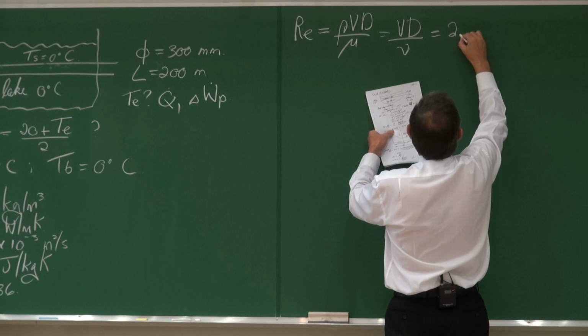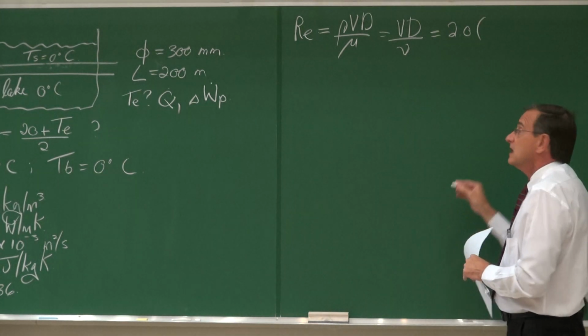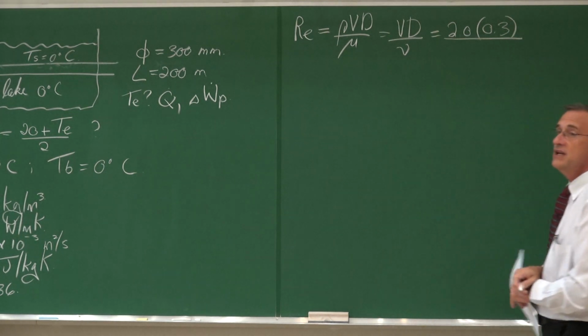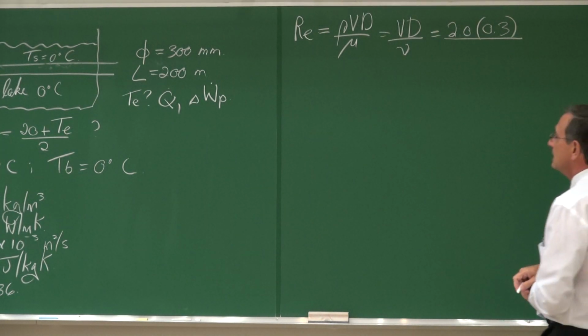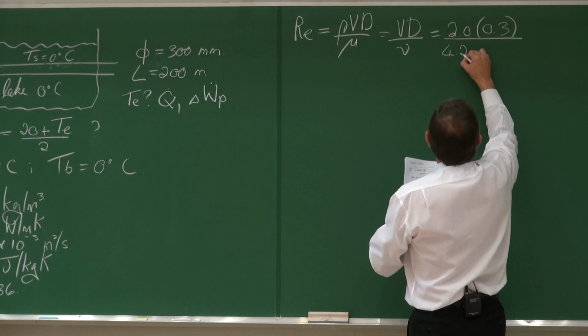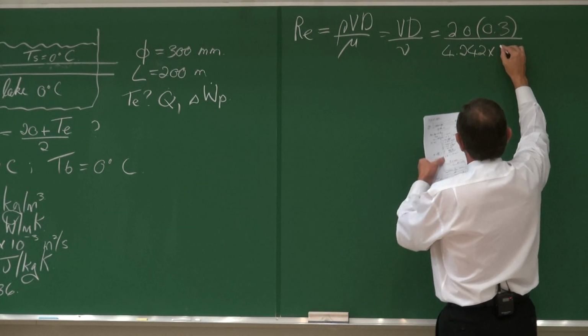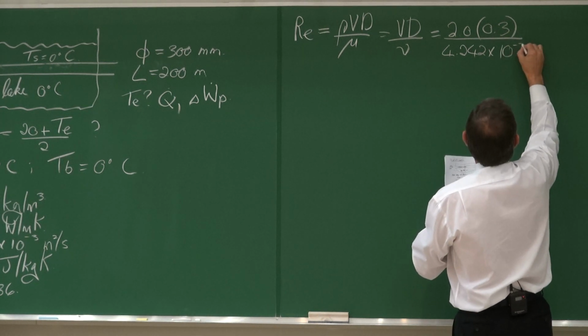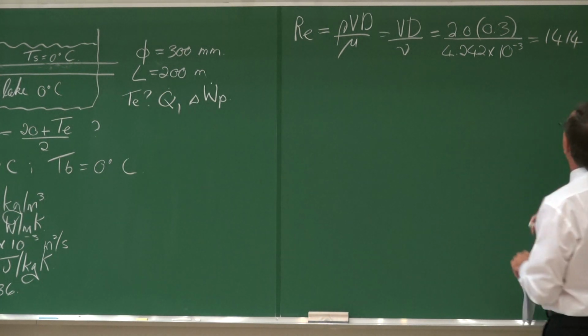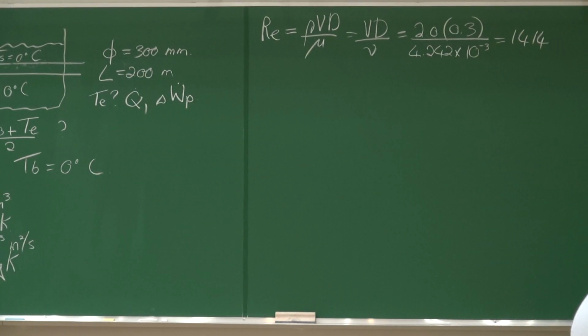The velocity is 2 meters per second. The diameter of the tube is 300 millimeters, so 0.3, divided by the kinematic viscosity, which is equal to 4.242 multiplied by 10 to the -3. And that gives us a Reynolds number of 1,414.